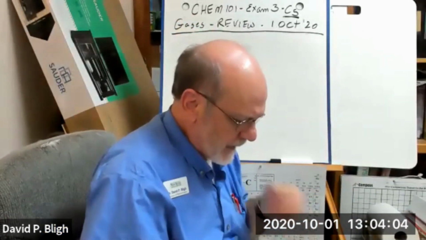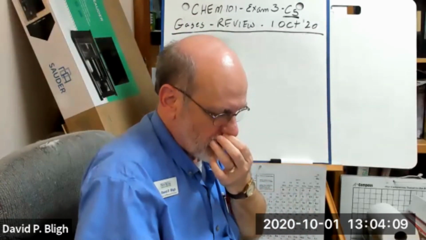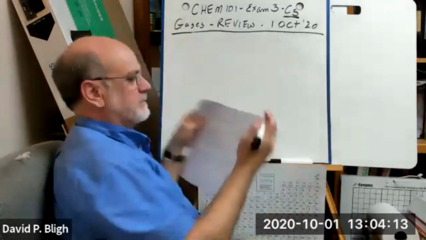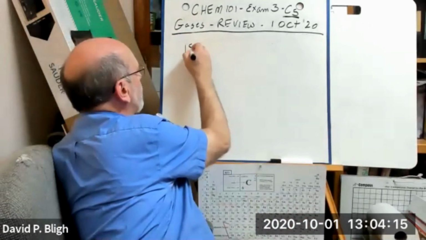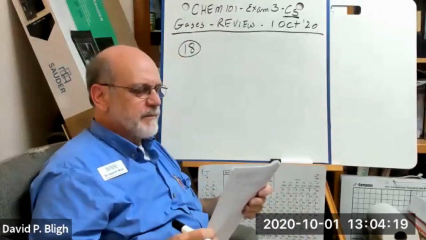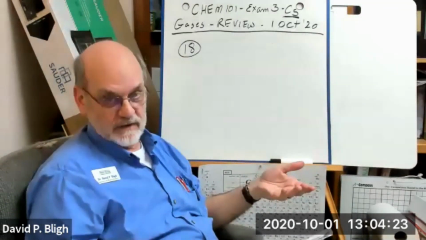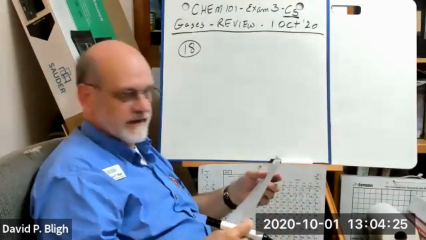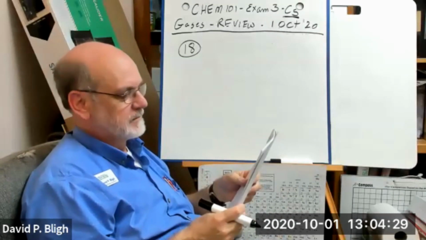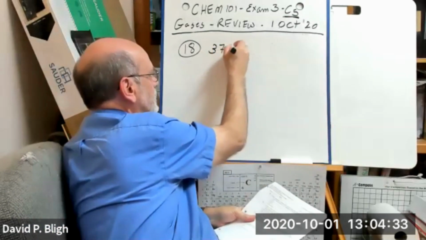I want to try 18. Okay, so 18 says body temperature is, and they already converted for you, 309 Kelvin. Right? Let's see if that's right. What is body temperature in Celsius, centigrade? 37 centigrade.